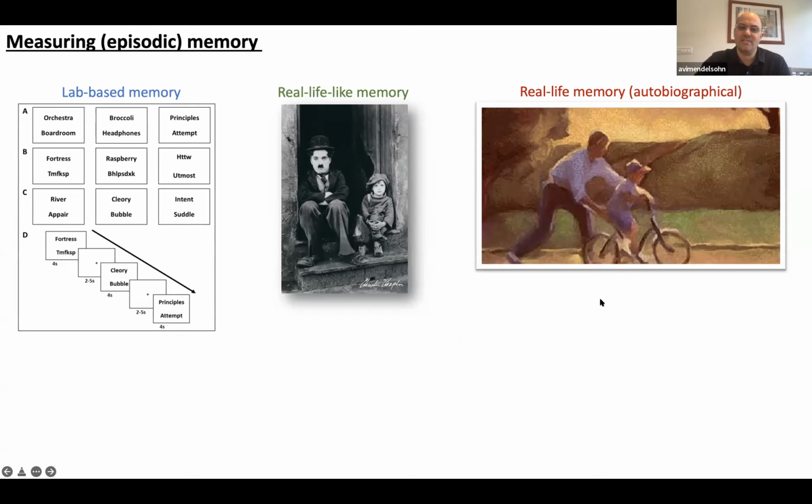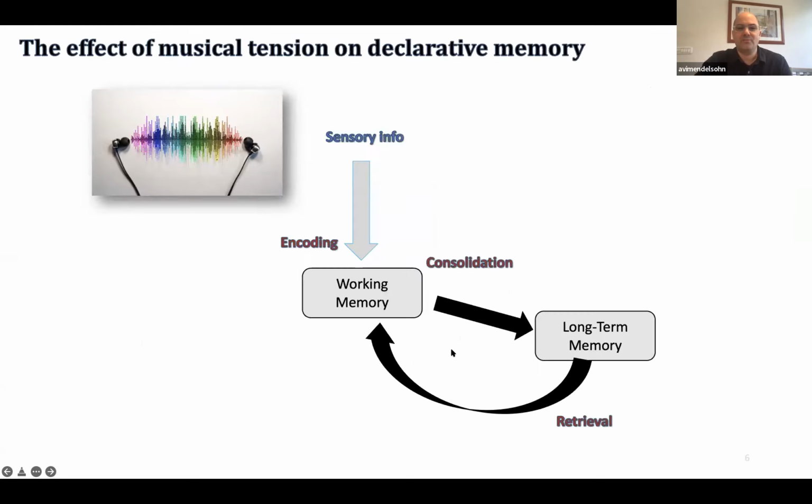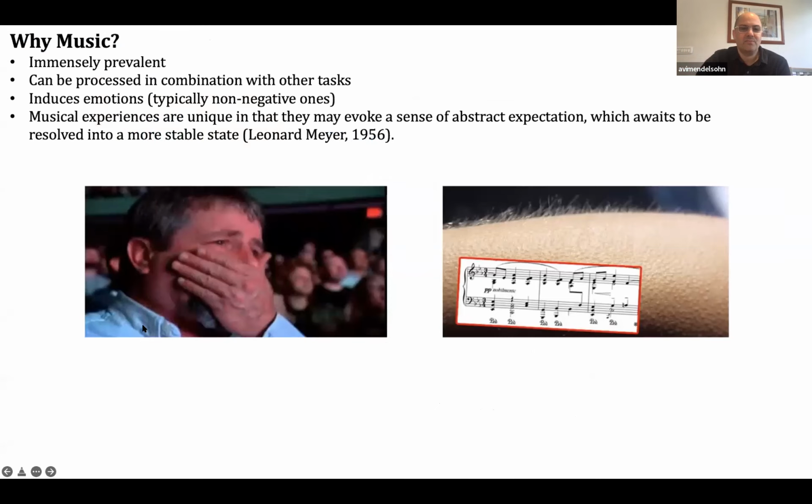So this can be seen as going from lab to real life. Today, I would like to talk about music, and specifically about musical tension, which is something that we hear a lot, but we're not necessarily aware of, and how this can affect declarative memory for images.